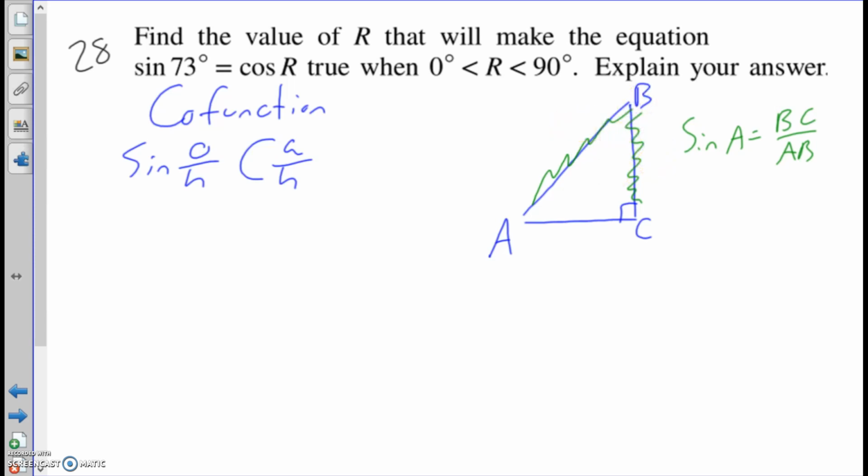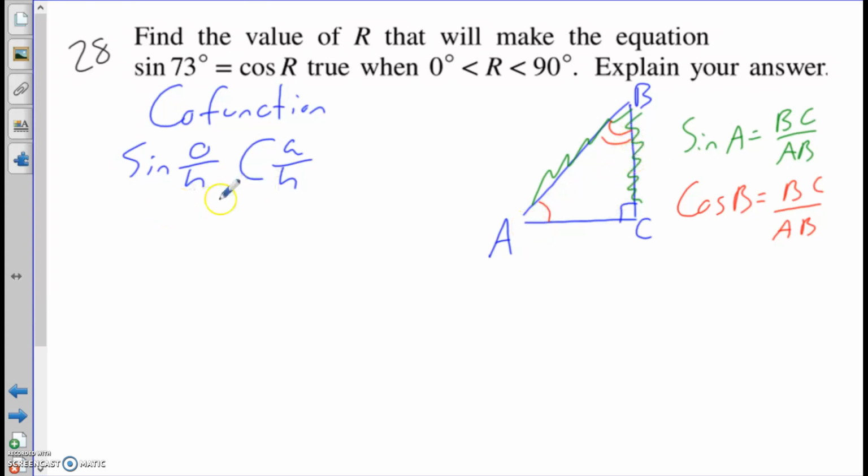Well, it also works out that cosine of not angle A, but cosine of angle B is that same ratio. The reason is that BC is opposite to angle A, across from angle A, but it's adjacent to angle B. So within a right triangle, the side that is opposite one of the two acute angles is adjacent to the other one.